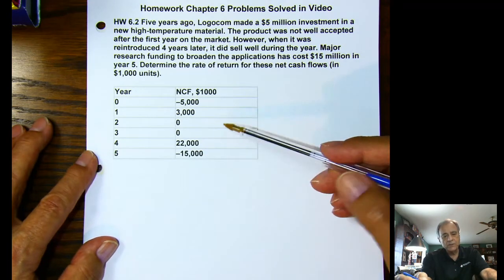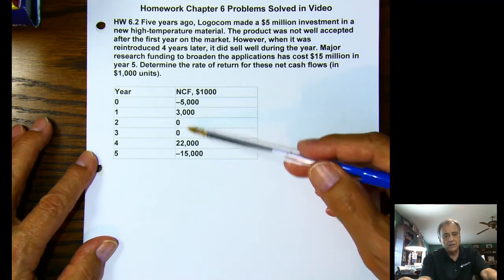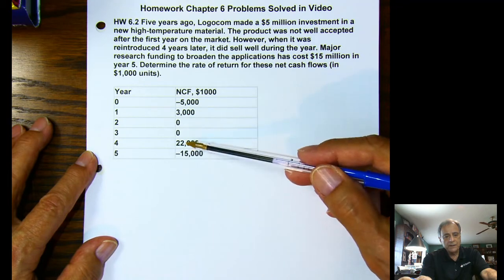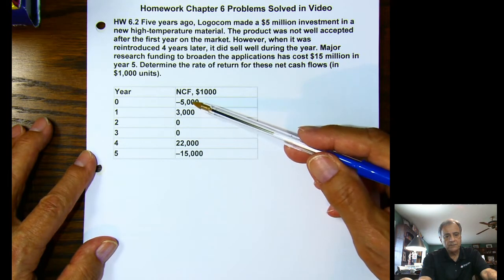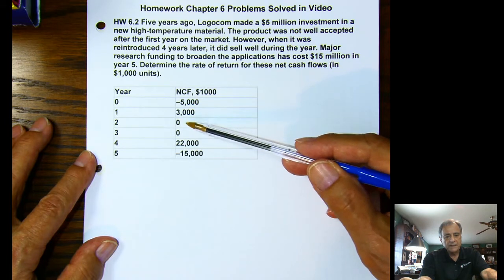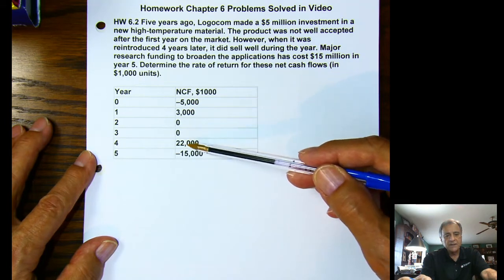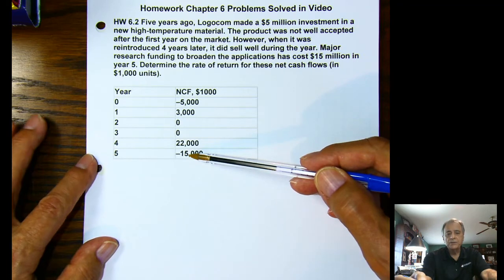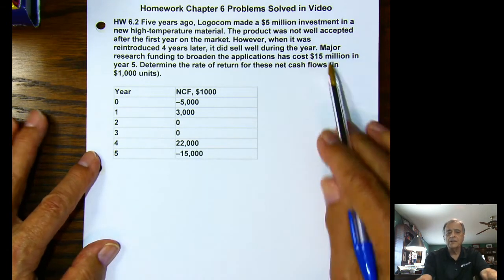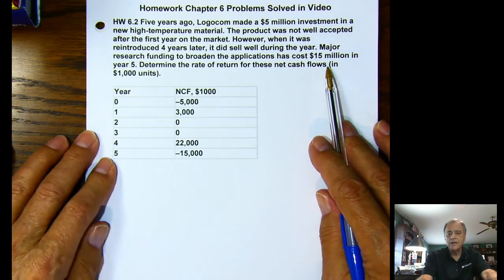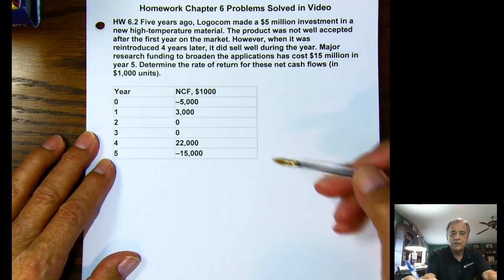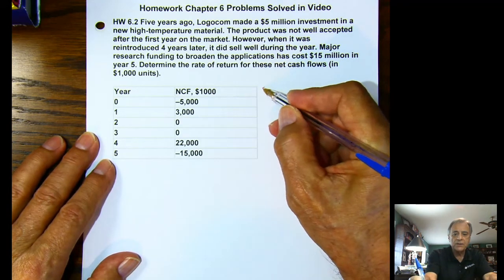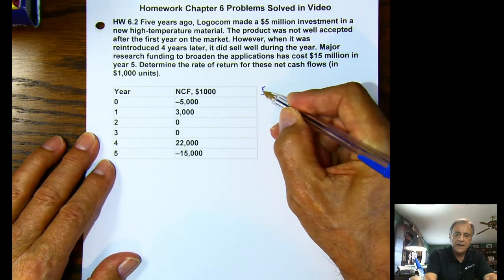So the first thing we're going to do is, because there are 2 sign changes, from minus to plus, and then stays the same, then plus to minus, we need to check out Nordstrom's criterion, which looks at the cumulative cash flow, which we call S, which is the sum of the cash flows.